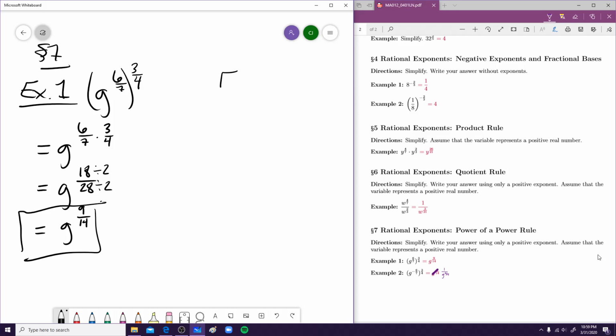For example 2, really similar, except we have g to the negative 6/7 to the 3/4. And now I look at it, let's make it a little more interesting. So let's not use this one. Let's simplify g to the negative 3/4 to the 6/7, just for fun.